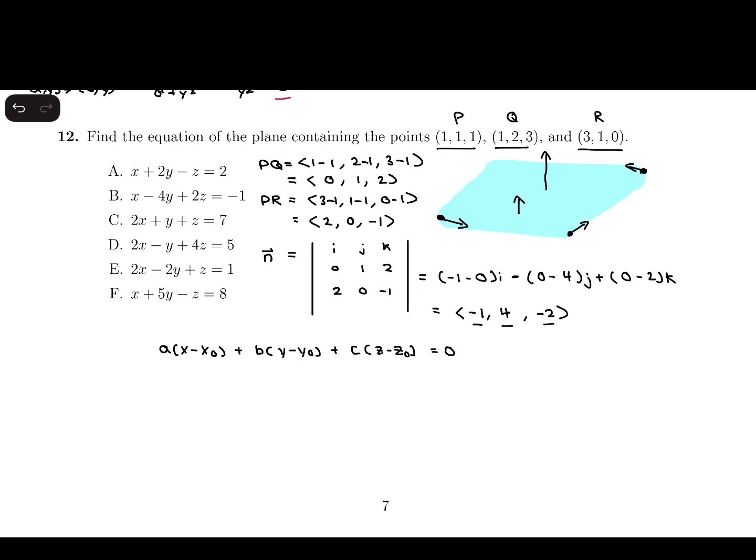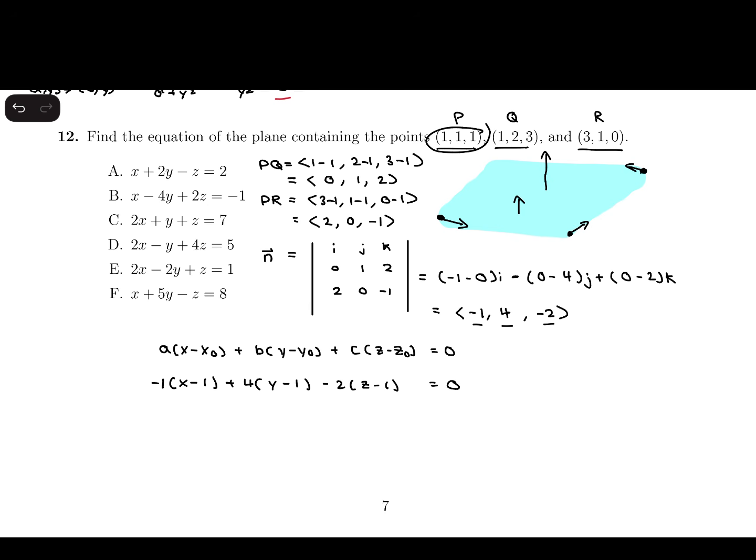So we have to choose a point to use, so let's just go with the quick and easy point P. So let's set this up. That'll be negative 1(x minus 1) plus 4(y minus 1) minus 2(z minus 1), all equals 0.